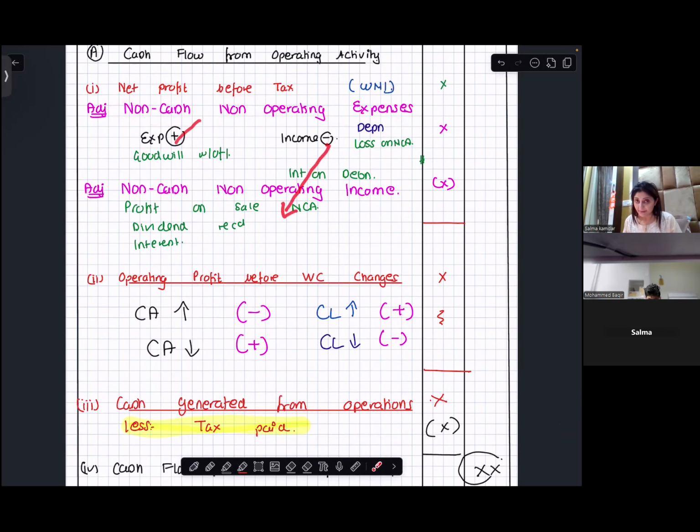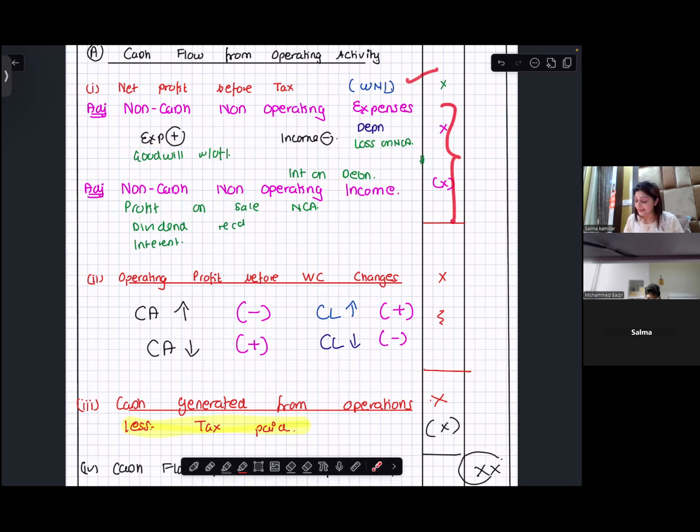Non-operating income you will subtract. The common non-cash, non-operating expenses are depreciation, loss on sale of non-current assets, and goodwill written off. Common non-operating income would be profit on sale, dividend received. Also, you have interest on debentures, sometimes share issue expenses. So these are also non-operating expenses. So your working note number 1 is clear.